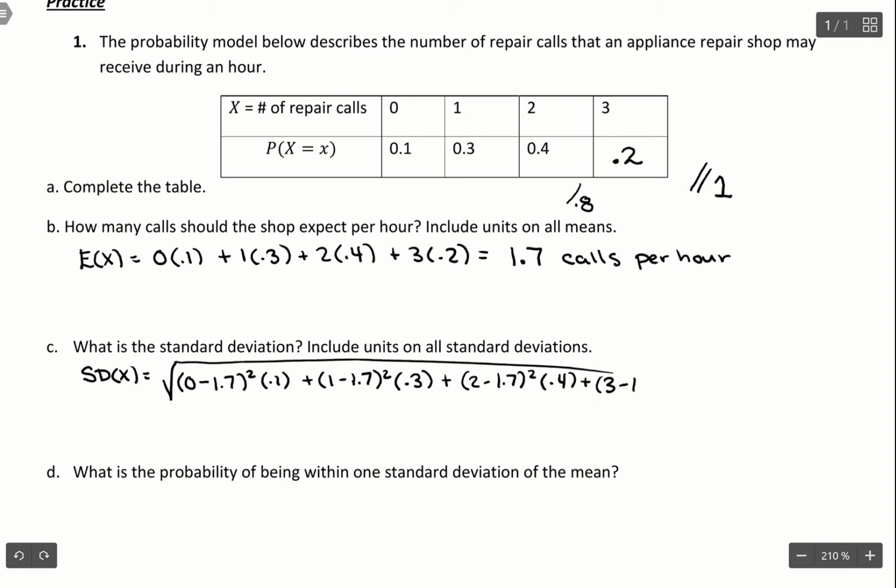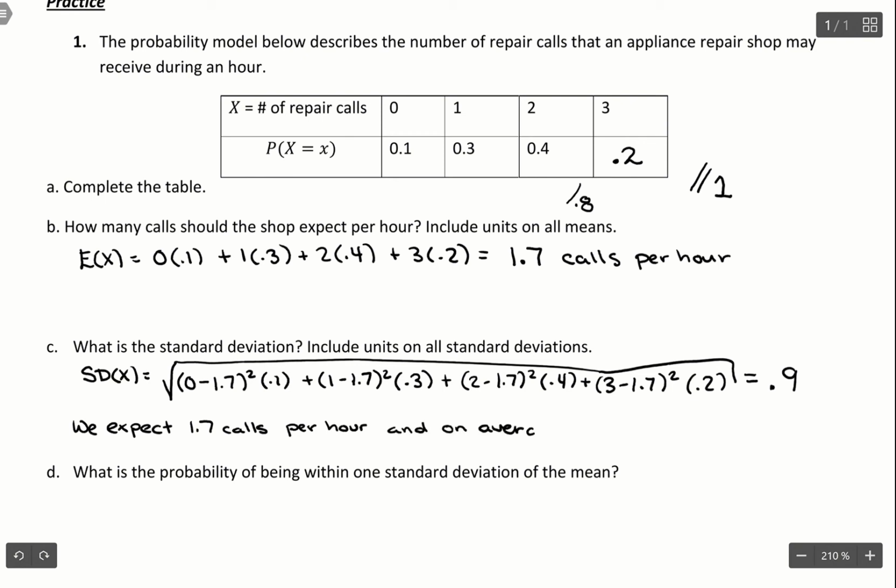So 3 calls minus that 1.7 calls squared times its probability, and all of that underneath that square root. And that would be a standard deviation of 0.9. So that's telling us that we expect, or the shop expects, 1.7 calls per hour. And on average, this deviates by 0.9 calls per hour.